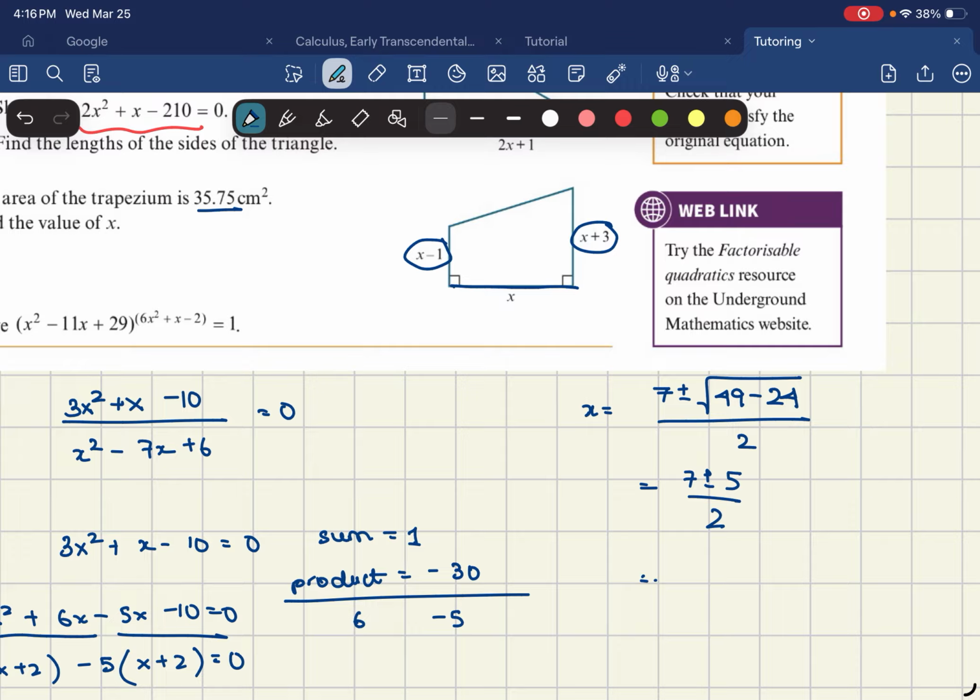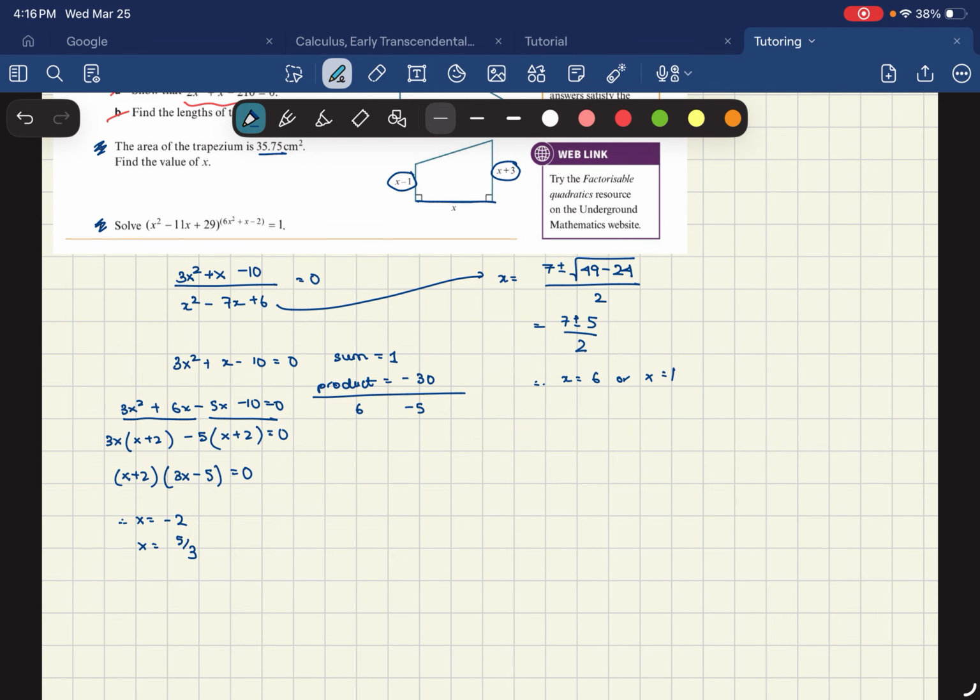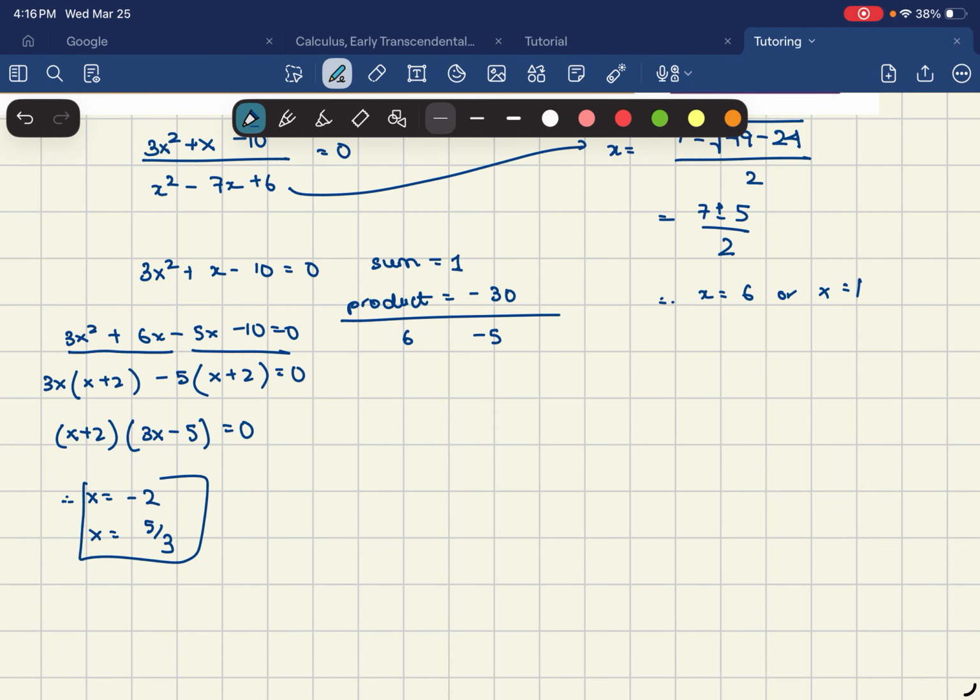Therefore, looking at the denominator here, x = 6 or x = 1. And if we look at the x values, these are completely different. So I don't have to worry about getting a 0 by 0 form.